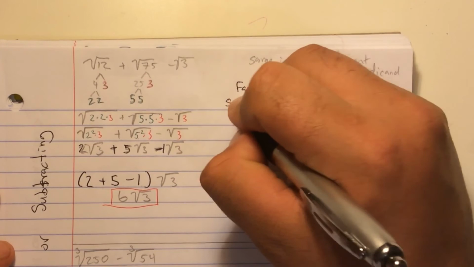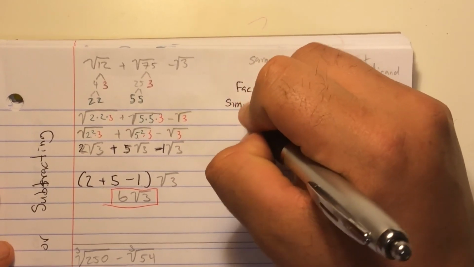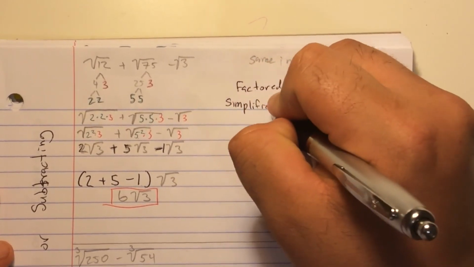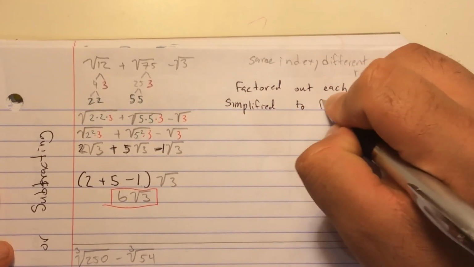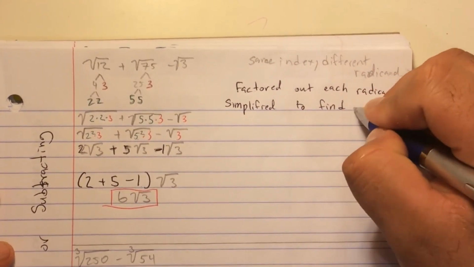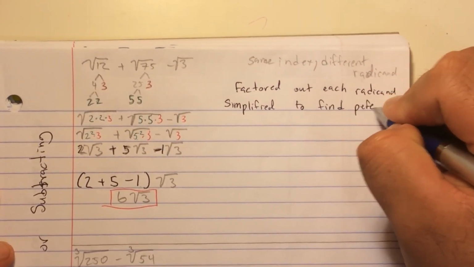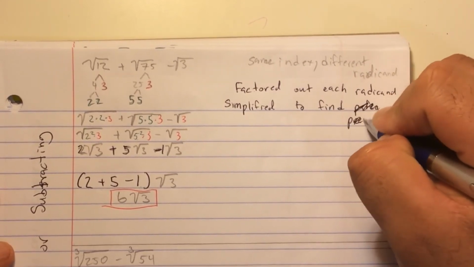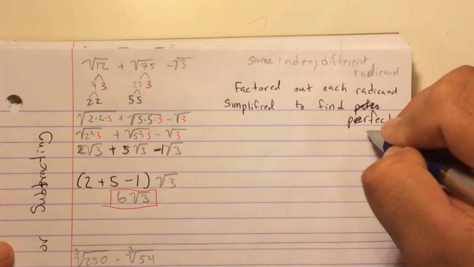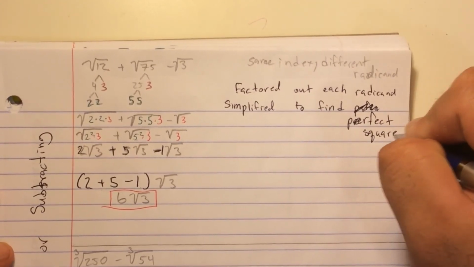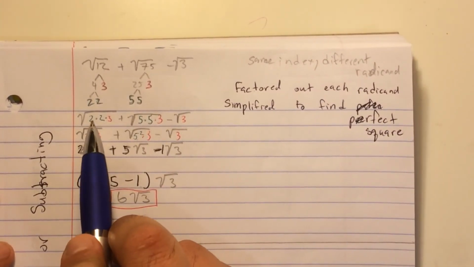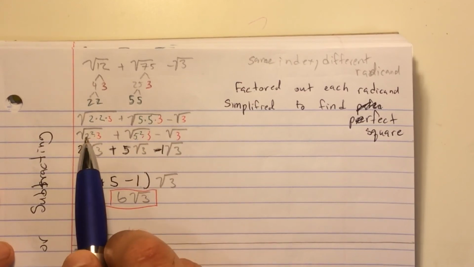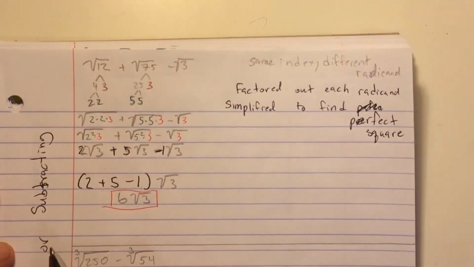Then we simplified to find perfect squares. That's what we did here. See, we simplified everything out to find our perfect squares.